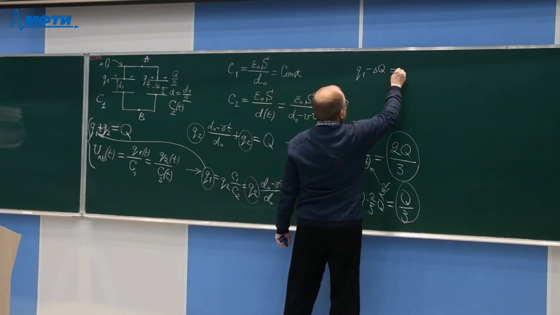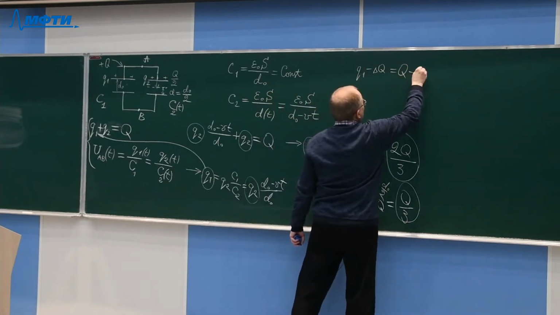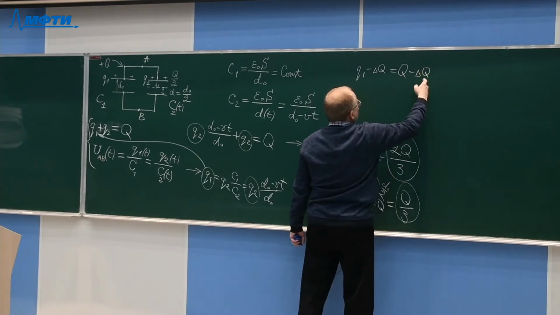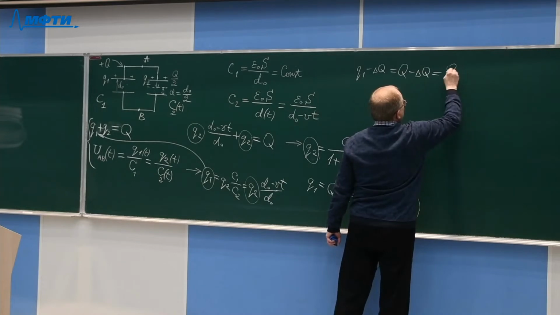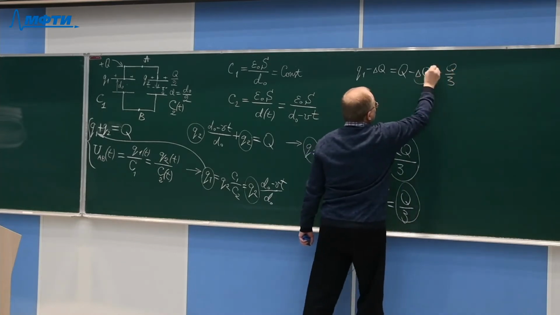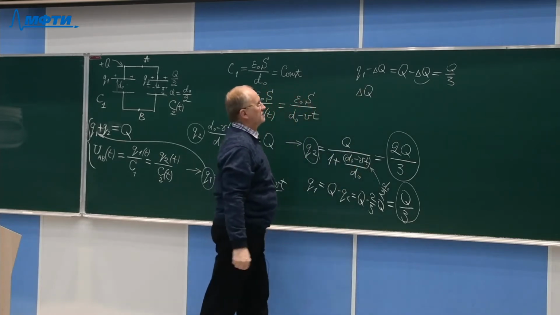And the original amount of Q1 was Q. It lost some unknown amount of charge, and finally it became Q divided by 3. From here, it's easy to find the amount of charge lost by the first capacitor.